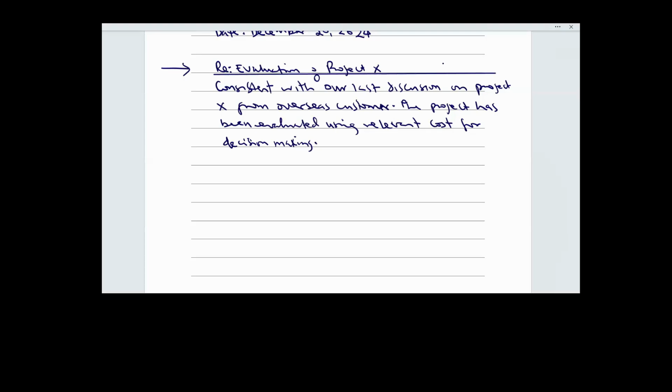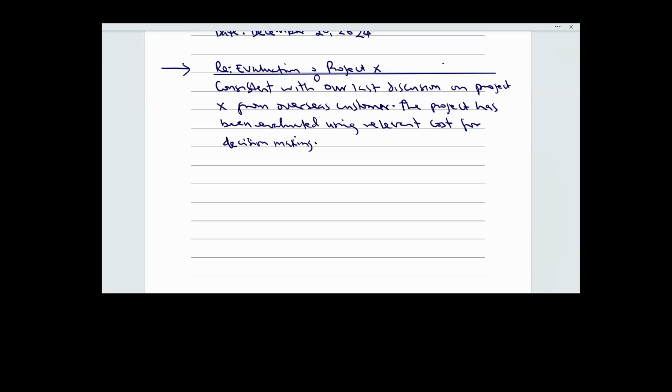That's why we are preparing this report to demonstrate our position on whether the company should undertake or accept the contract for Project X. And I've also mentioned in this introduction that the project has been evaluated using relevant costs for decision making. So the person I'm writing the report to, they don't know anything about relevant costs for decision making.